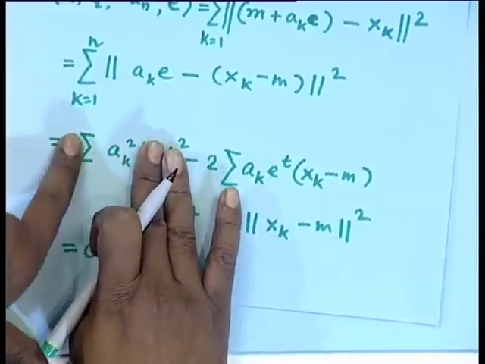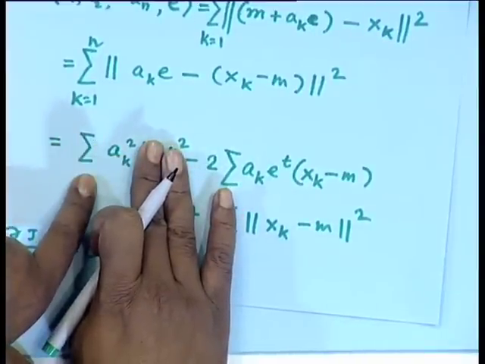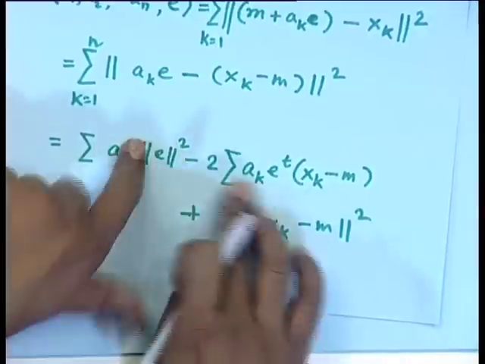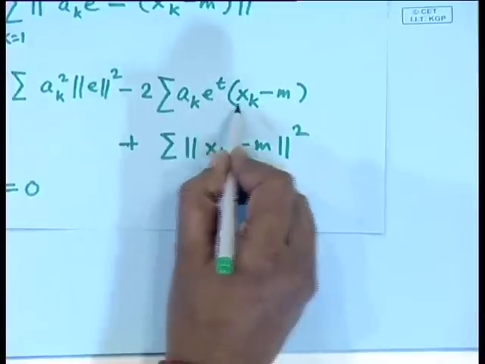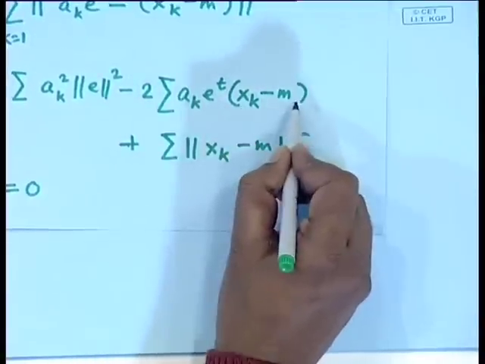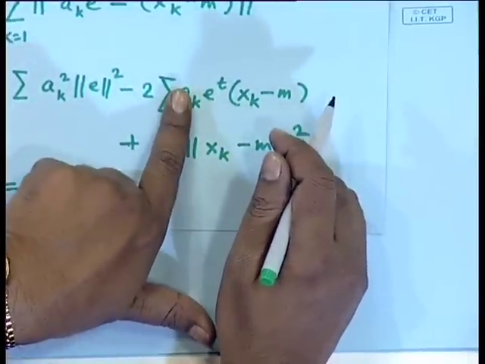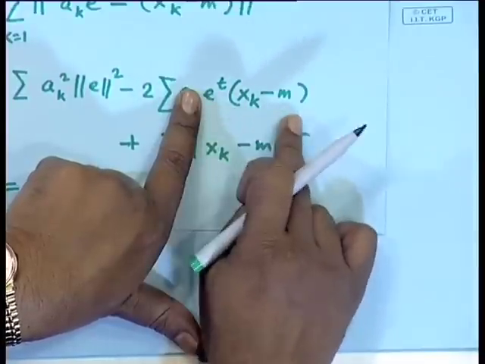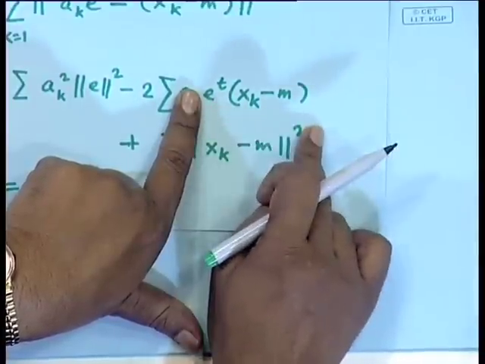So, effectively what I have is summation of a k square. Take the differentiation, that becomes 2 times a k. Take the differentiation of the next term, because it is a k into E transpose x k minus m, with respect to a, I am left with simply E transpose x k minus m.